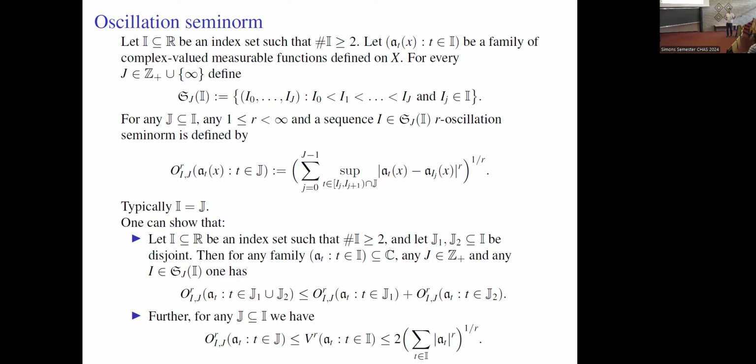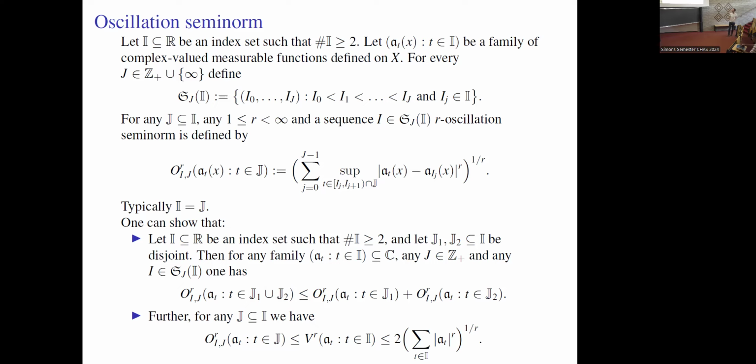Right, because these functions might be local constants. So, for instance, if I is a set of dyadic numbers, or even easier, if they are integers, then our function might be such that it is 0 on the interval [0,1), then it is equal to 1 on the interval [1,2), and so on, and because the right endpoints are open, this oscillation semi-norm will be 0.